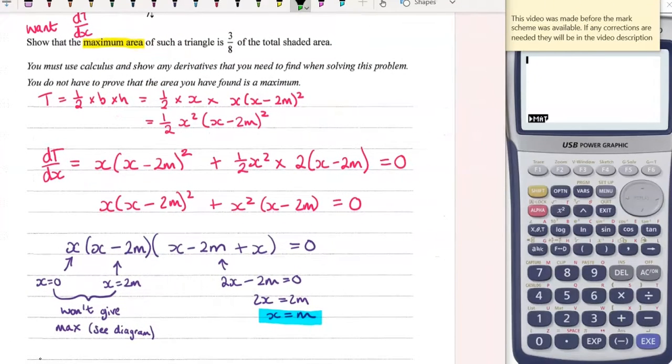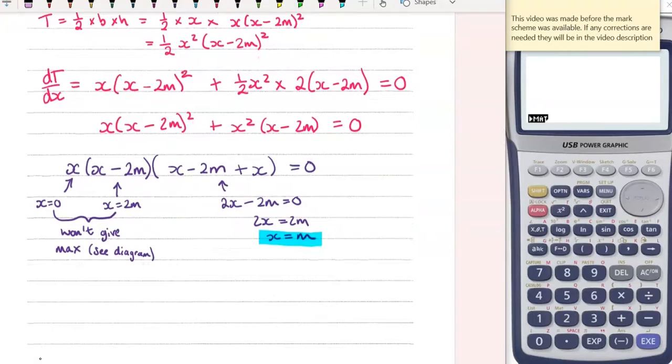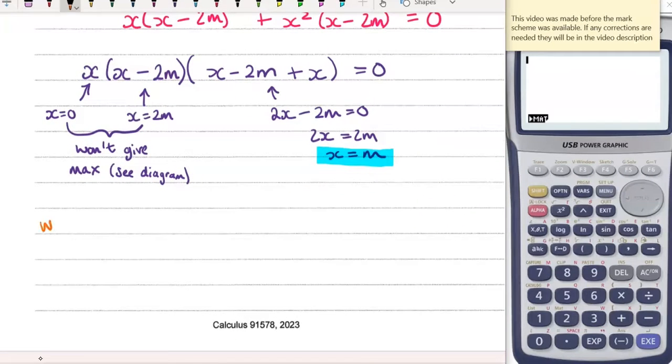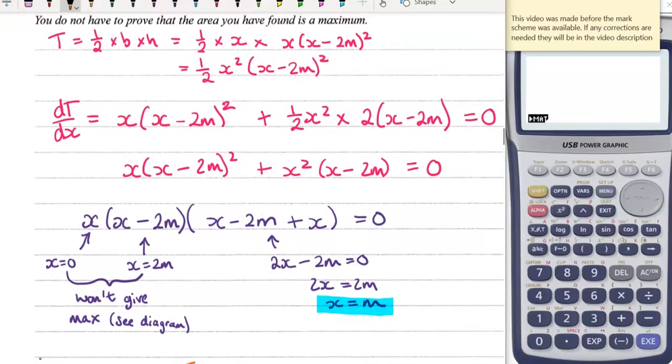Now let's think about how we do this last bit. We want to show that that maximum is 3/8 of the total shaded area. So let's pop that into the formula for finding the area of the triangle. So when x equals m, we have the area of the triangle going back to what we found out up here. So this bit just here, that's our area of the triangle.